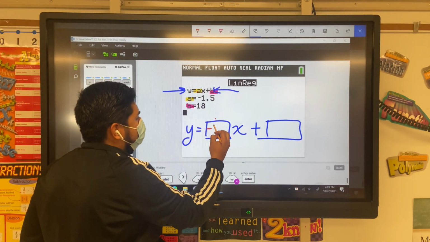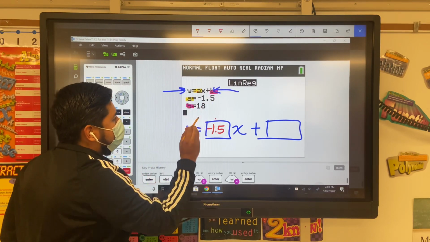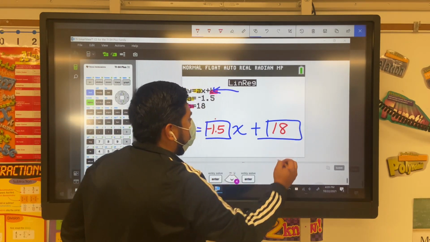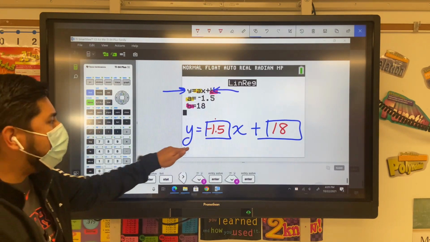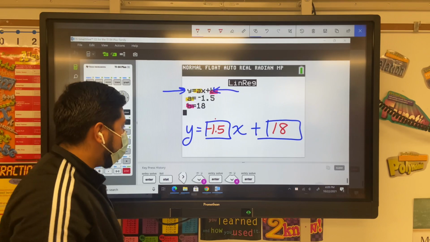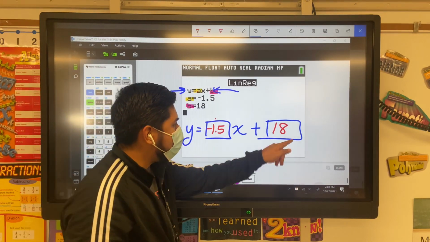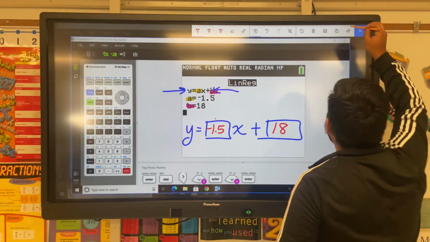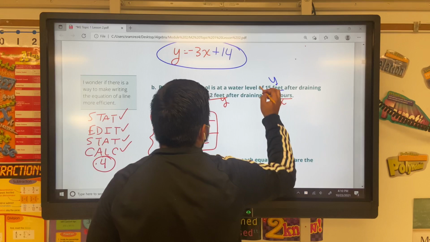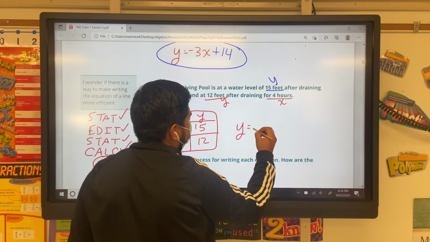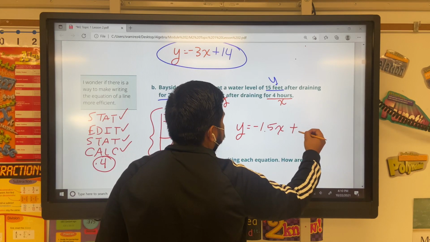Negative 1.5. Who is B? 18. Should be okay. Gonna write this equation in that spot. Y equals negative 1.5x plus 18.